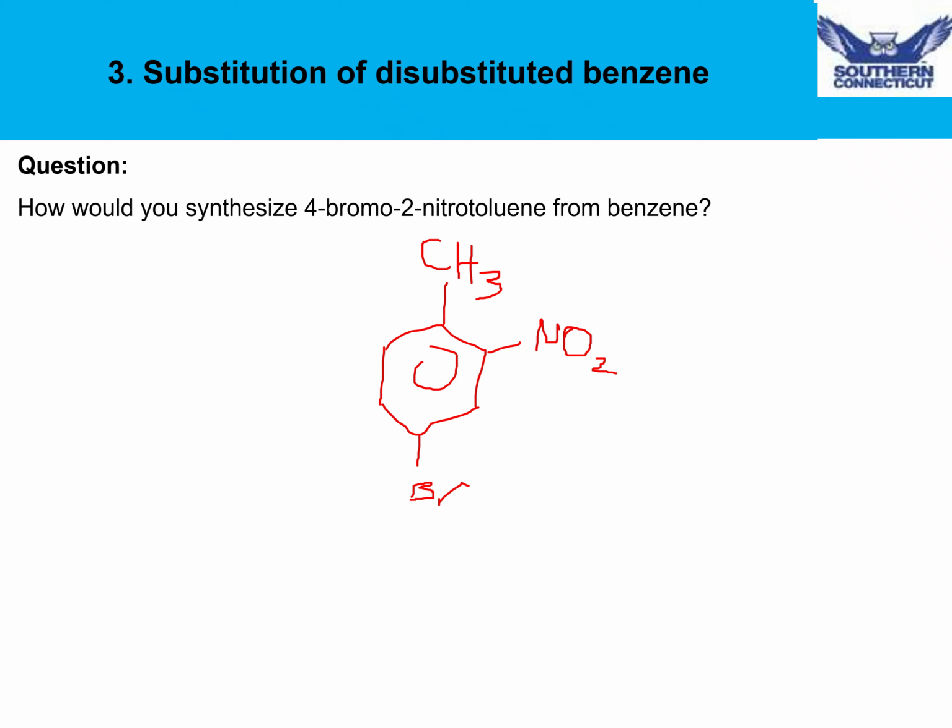We're going to start off from benzene. So we're going to be adding 3 different substituents, and we need to think about which one we want to add first and which one we want to add last based on how these groups direct a new substituent to the benzene.